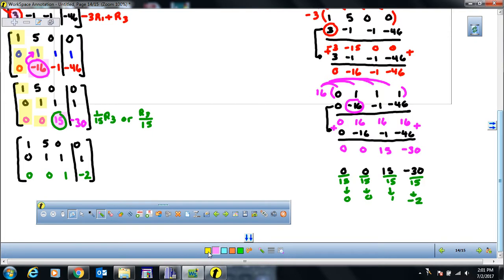So if we would do the Gaussian elimination with back substitution, we would be done. We just need to do the back substitution. However, I'm going to show you the next method, which is the Gauss-Jordan elimination. It's a little extension of the Gaussian elimination.